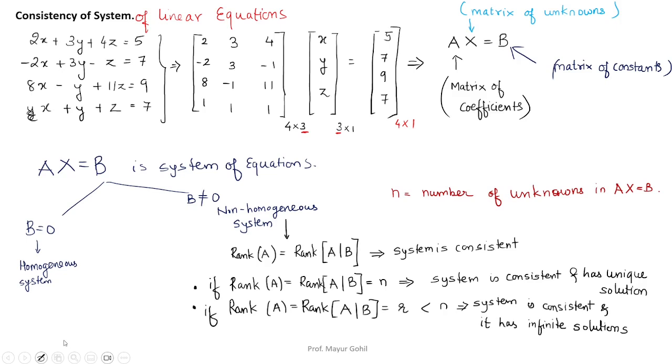The number of free variables, for infinite number of solutions, is going to be n minus r. That is it, nothing more than that.